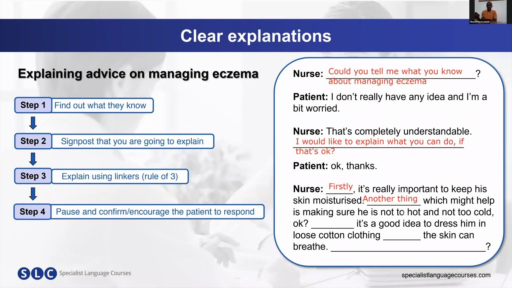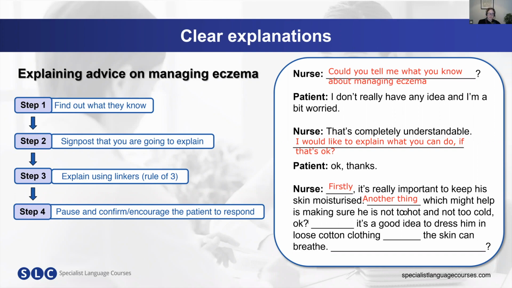And after that, it's good to dress him in loose clothing. Are you sequencing though? Yes. Firstly, another thing. So the next one, that's what I'm just trying to divide.